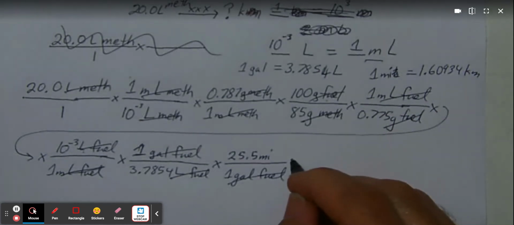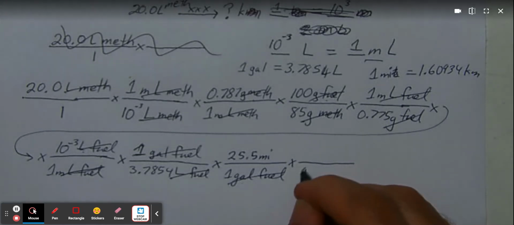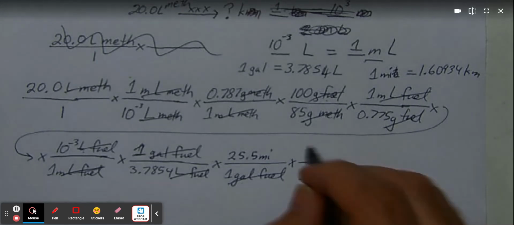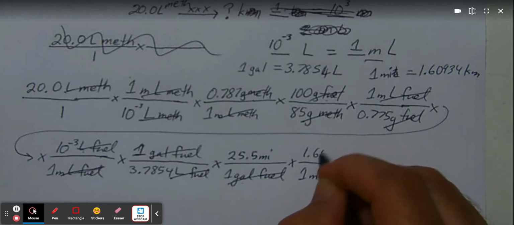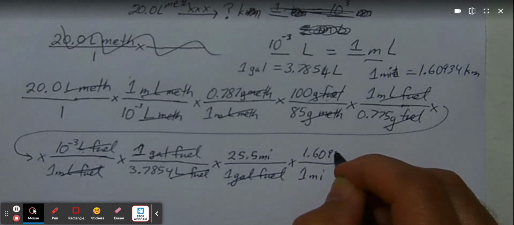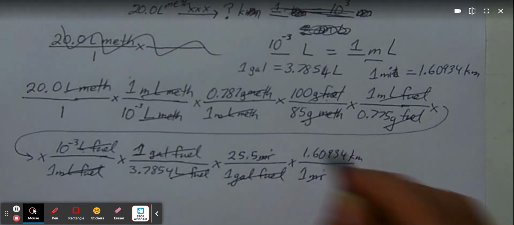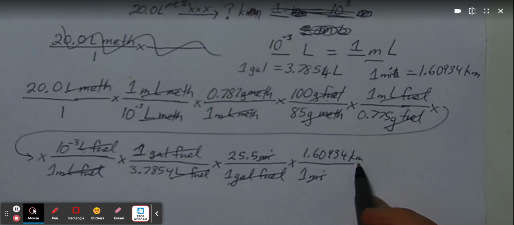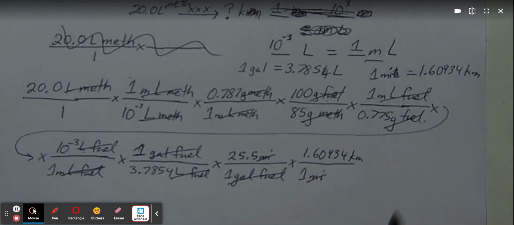And so this would be our last conversion. So 1 mile on the bottom, and we have 1.60934 kilometers on top. Miles cancel out. Now we have our kilometers. So now all we need to do is multiply across the top, divide by everything on the bottom, and we'll get our answer.